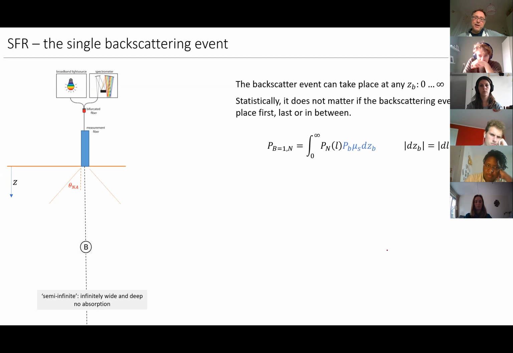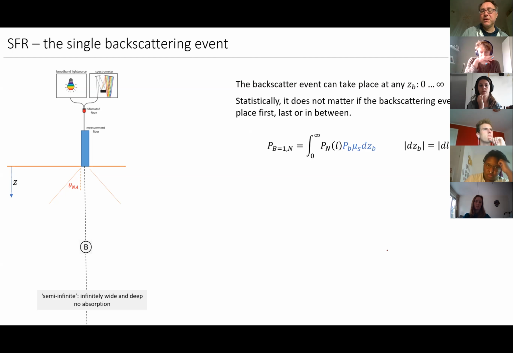So we can build a general expression for that case, and we can also realize that statistically it does not really matter if this backscattering event is the first one that happens, and after that there are n forward events, or first there are n forward events and then the backscatter event, or half of the n events take place, then a backscatter, and then the other half of the forward scattering events.